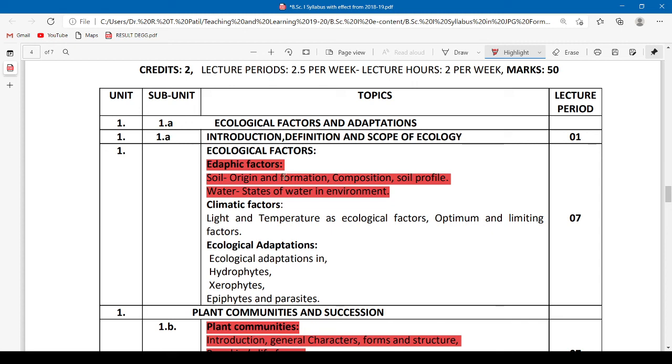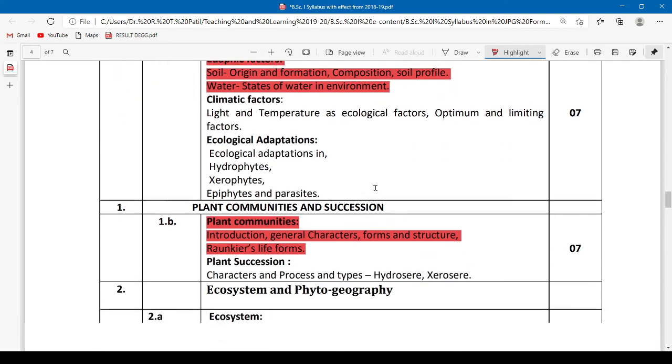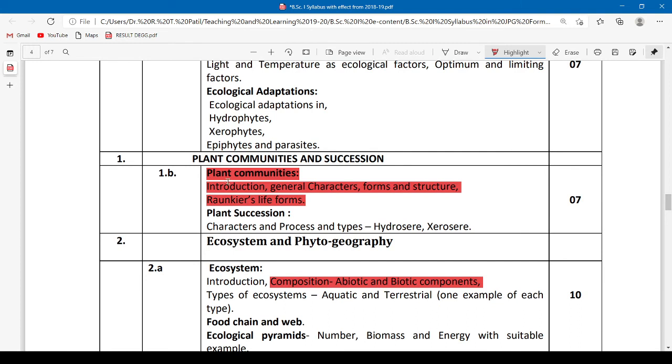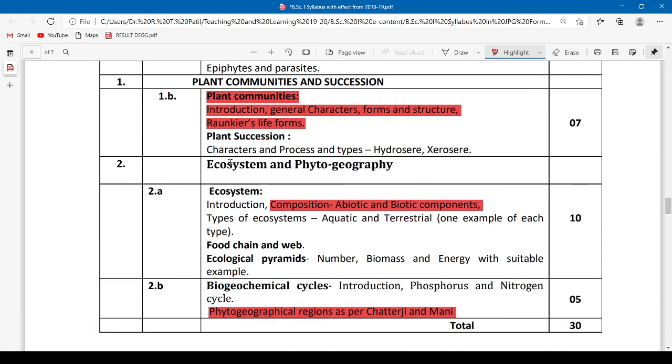The first topic deleted is edaphic factors, soil origin and formation, composition, soil profile, water, states of water and environment. Then in the second subunit, plant communities, introduction, general characters, forms, structure, Raunkiaer's life forms, is not considered for examination for this year.